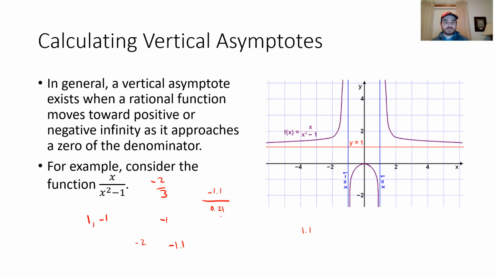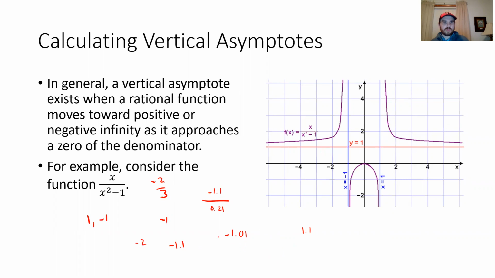Negative 1.1 divided by 0.21 is some negative number close to negative 5. Why does this graph have this going up? It's kind of weird. This might not be the right graph.